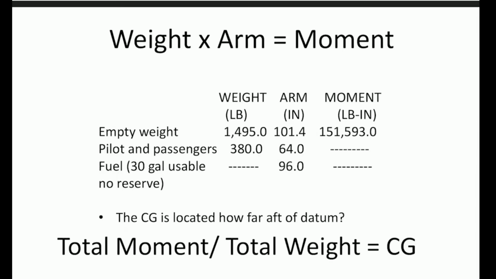So we got the empty weight 1495, arm 101.4, gives you the moment of 151,593. Pilot and passengers, remember, to find the moment, we just multiply it straight across. So 380 times 64 is going to give you 24,320.